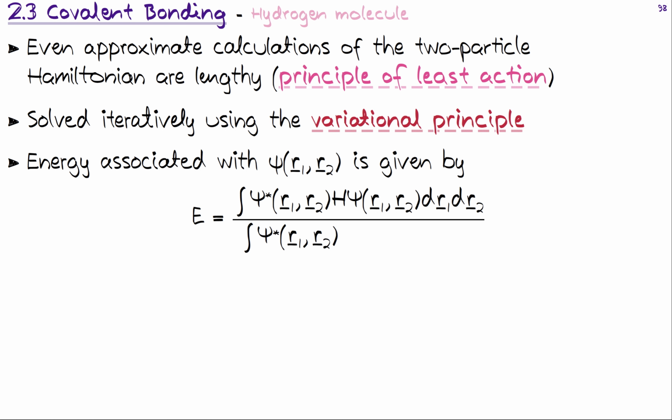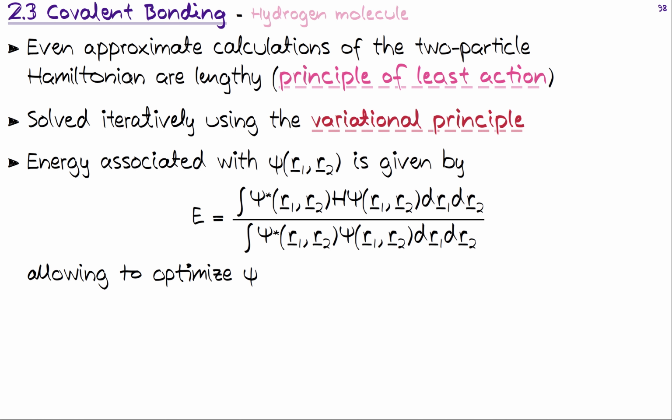Then we normalize by dividing with the integral over psi star times psi, integrating over R1 and R2. This is how we calculate the energy, and once we have calculated that, we can try to minimize it. We change the function psi slightly, calculate the energy again, and then we repeat this process, either by brute force, by Monte Carlo simulations, or by gradient descent, by genetic algorithms or something smarter. In the end of the day, we can optimize the psi and minimize the E, and that gives us the correct stable equilibrium position.